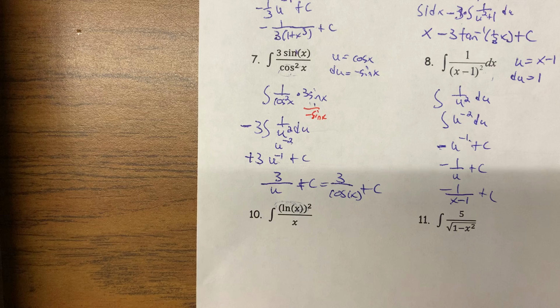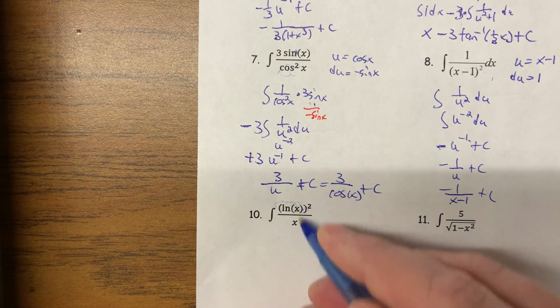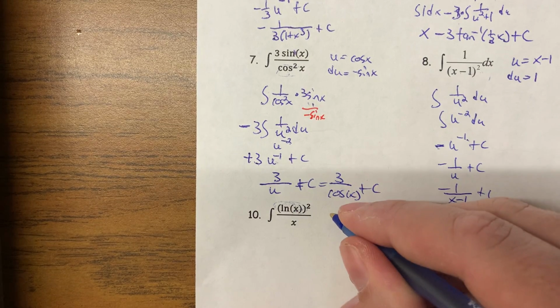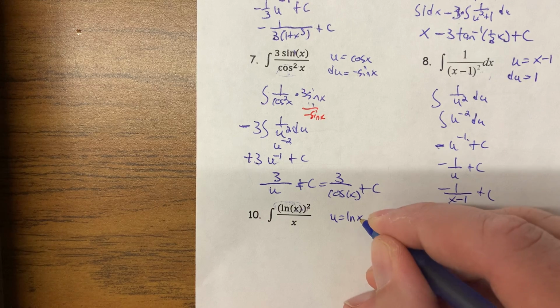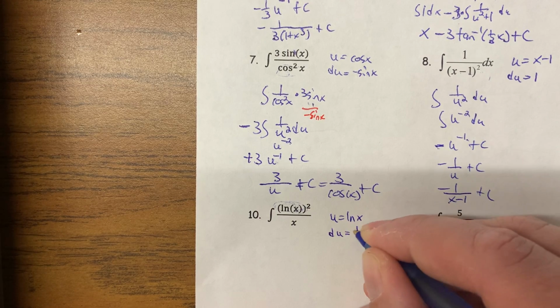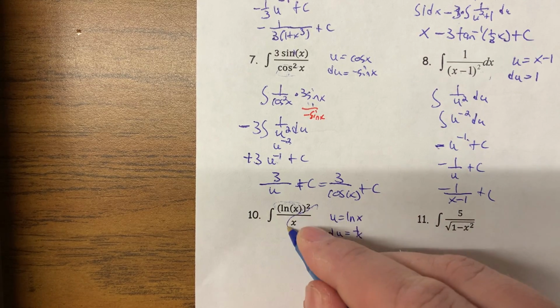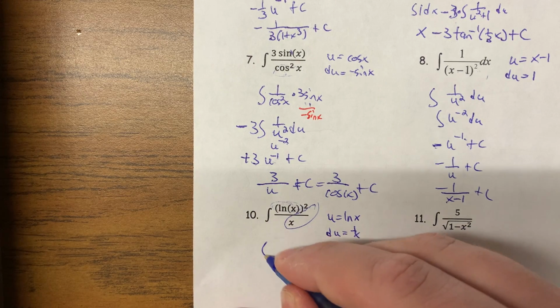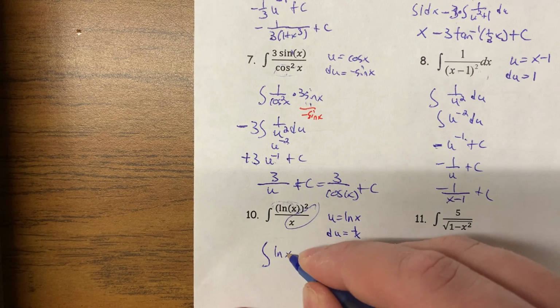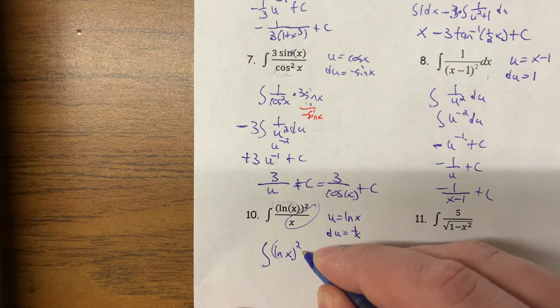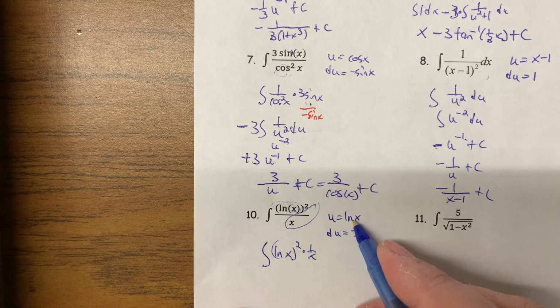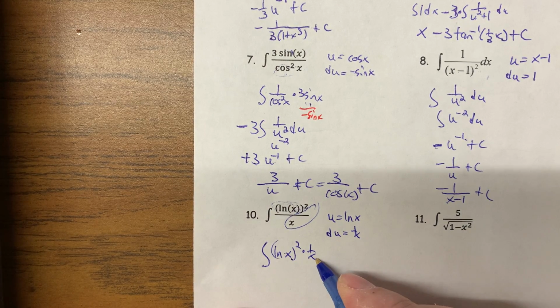Natural log should set off alarm bells in your head because sometimes it ends up being the u. So if u is natural log of x, then du is 1 over x, and this is 1 over x. So I'm going to rewrite this as natural log of x squared times 1 over x. So here is my u, here is my du.